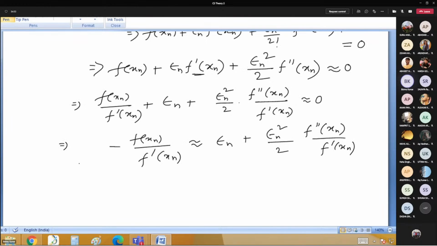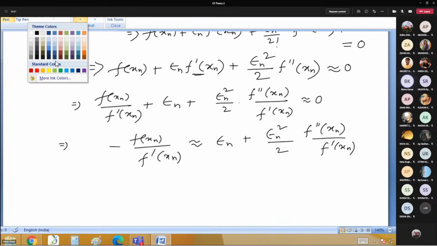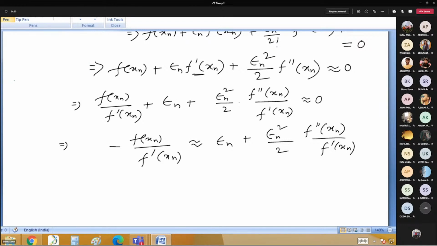In both sides xn, just check here, I am adding xn on both sides, because this is xn plus epsilon. You are adding to both sides.